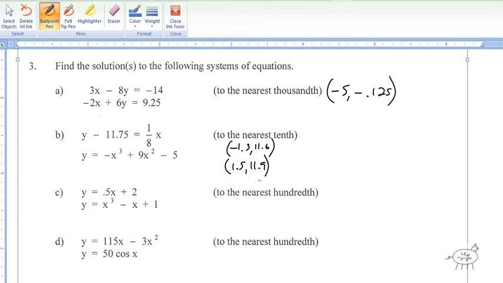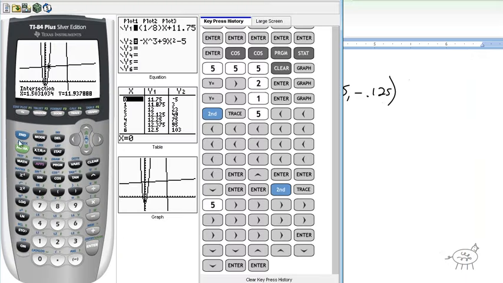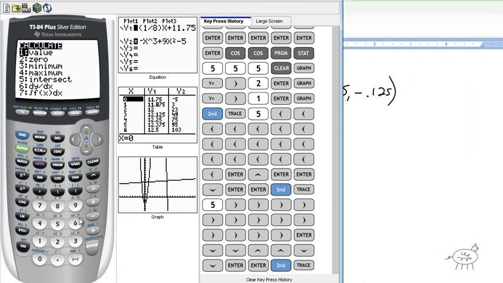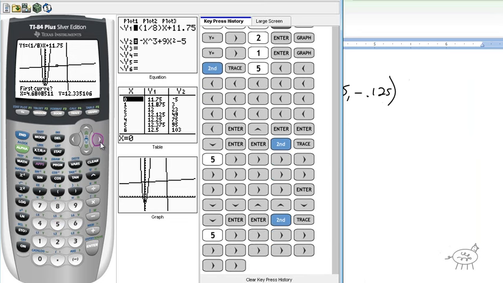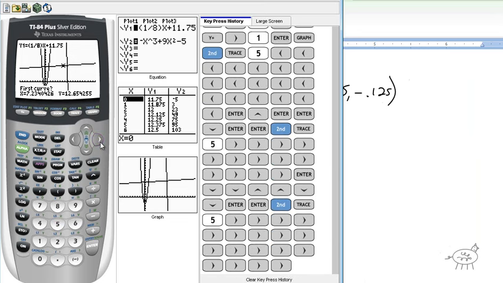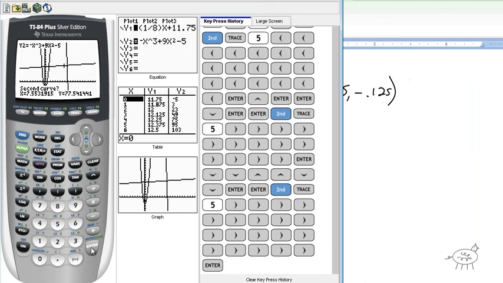Okay, and then our third solution is going to be second, calculate, 5, intersect. Again, let's move it closer over to that line and hit enter. With mine, I'm just going to hit enter again because I know it's on the curve and I know it's going to be close. So I'll hit enter again and then guess.